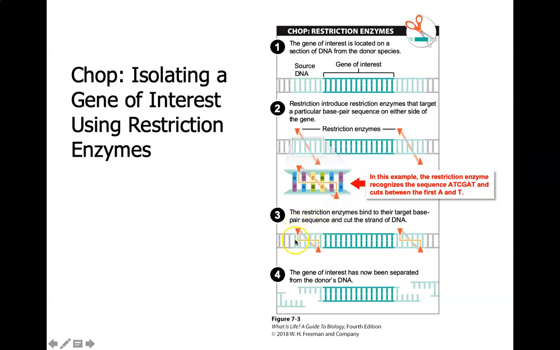So we can see down here, we've got the targeting, and this sequence here with this overhang is what we are going to cut out, with the darker blue-green being the sequence that we're interested in. So now once we make that cut, we have isolated the gene that we want from the donor DNA. So now we have that gene. It's going to do whatever desired thing we need it to do.